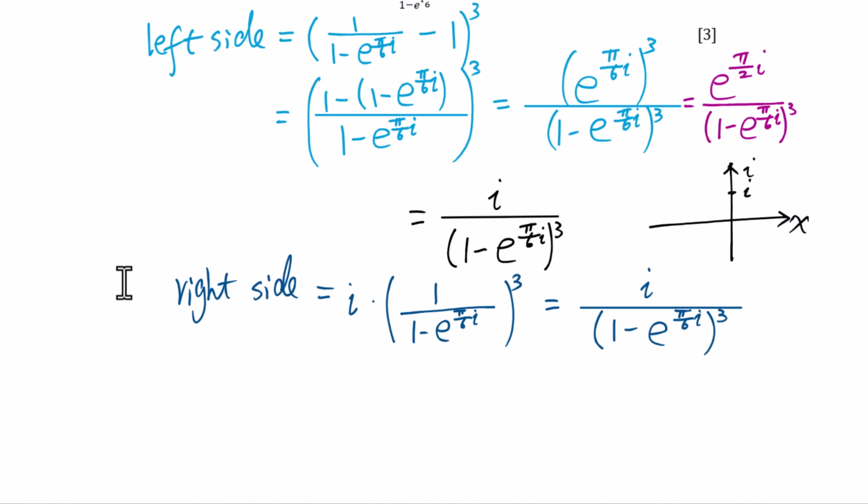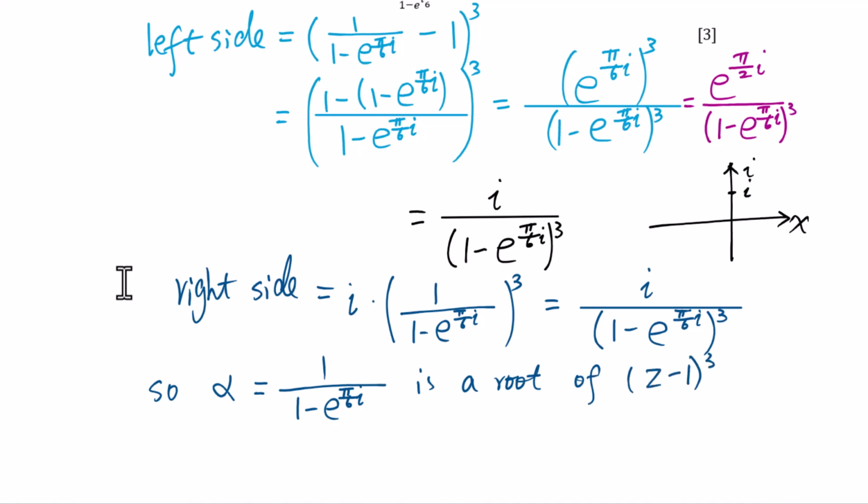Since left side equals right side, alpha is a root of (z minus 1) to the third power equals i z to the third power.